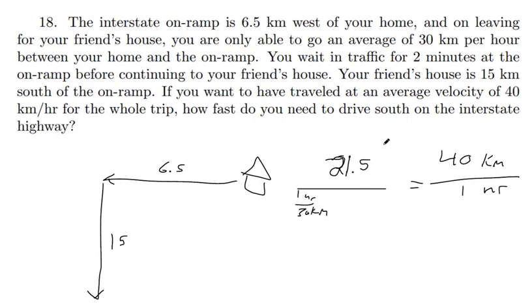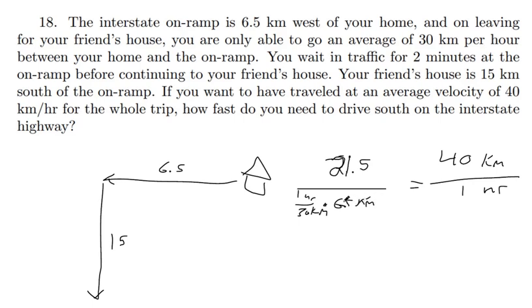I'm trying to make kilometers in the numerator and time in the denominator. So instead of saying 30 kilometers per hour, I put hours up top. I said 1 hour for 30 kilometers, and I'm going to multiply this by that distance of 6.5 kilometers. We're driving 30 kilometers per hour for 6.5 kilometers.